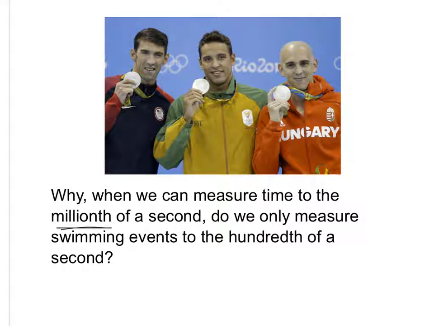What happens there is we've got some constraints with swimming pools. When you start thinking about the length of a pool, it can vary not only from pool to pool, but from lane to lane. So that's kind of interesting. And so that's just a way of not giving any benefit to an extra lane. So that's why we only measure out to the hundredths.